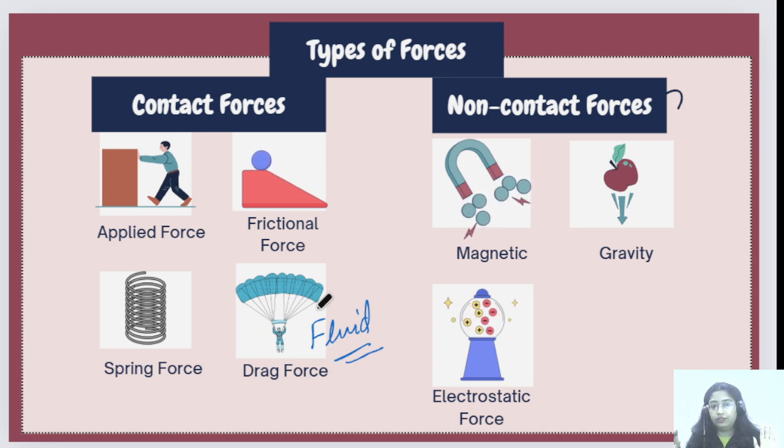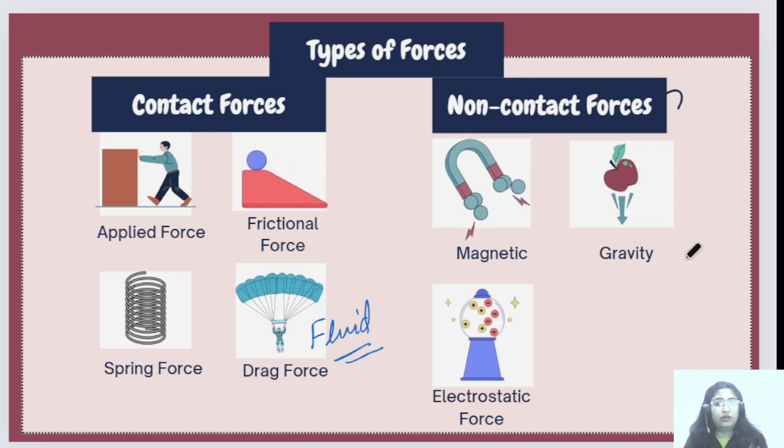When you are traveling with a parachute, the air is also acting on your body, right? That force applied by the air is the drag force. And if you are going deep inside the water for swimming, then water is also applying a force, so that is also called the drag force. All of these are contact forces.